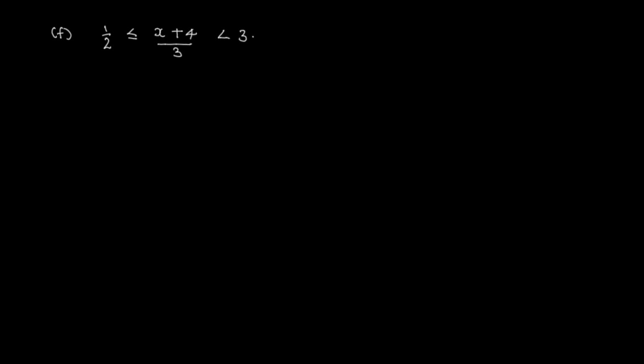So as before, what we do is break it down to simpler inequalities: 1/2 is less than or equals to (x plus 4) over 3, and (x plus 4) over 3 must be less than 3.